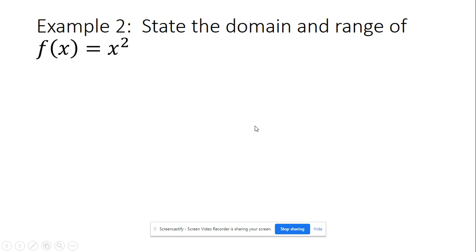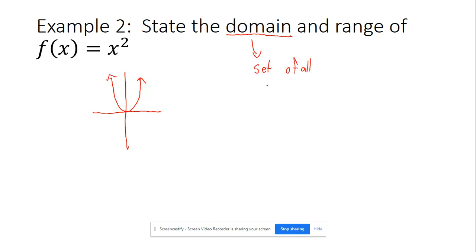All right. State the domain and range of f of x equals x squared. So quickly, let me do a little sketch of what this graph looked like again. Here's our axis, and this graph looked like this and like this. If you remember what domain means, this means the set of all input values.